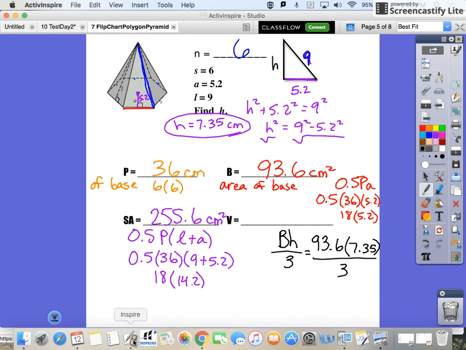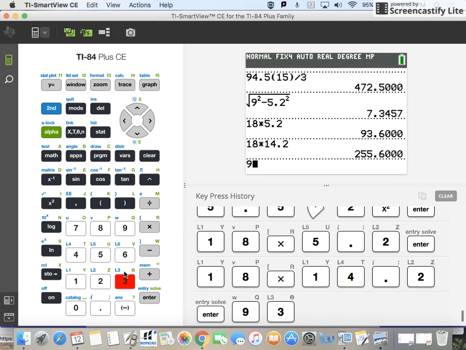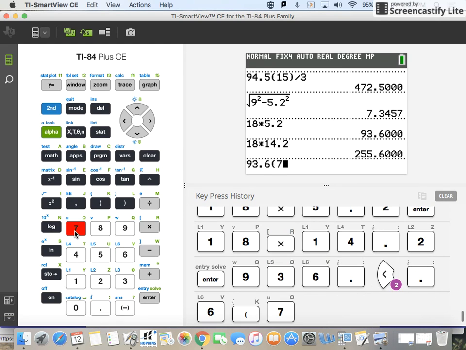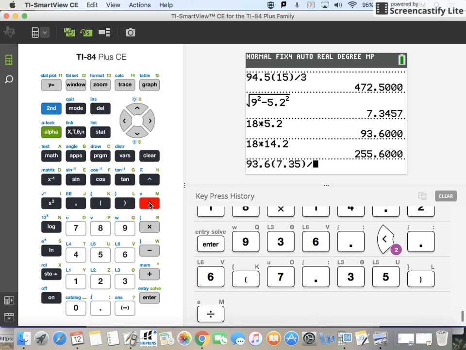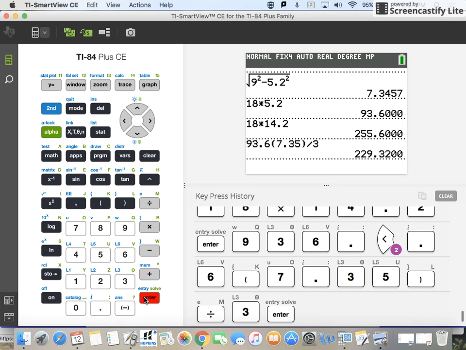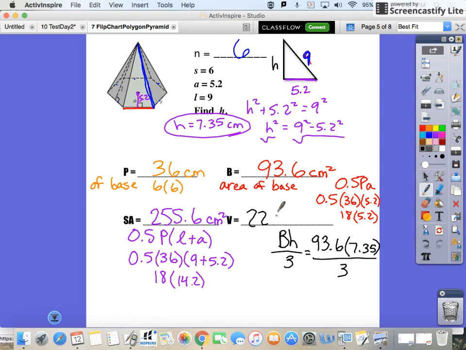I already forgot, 93.6 times 7.35, divided by 3. 229.32 centimeters cubed because it's volume.